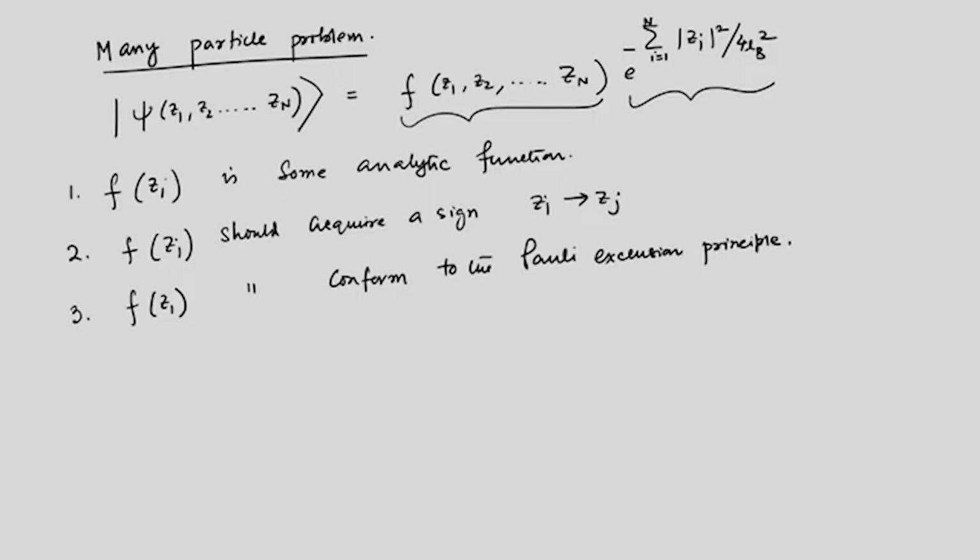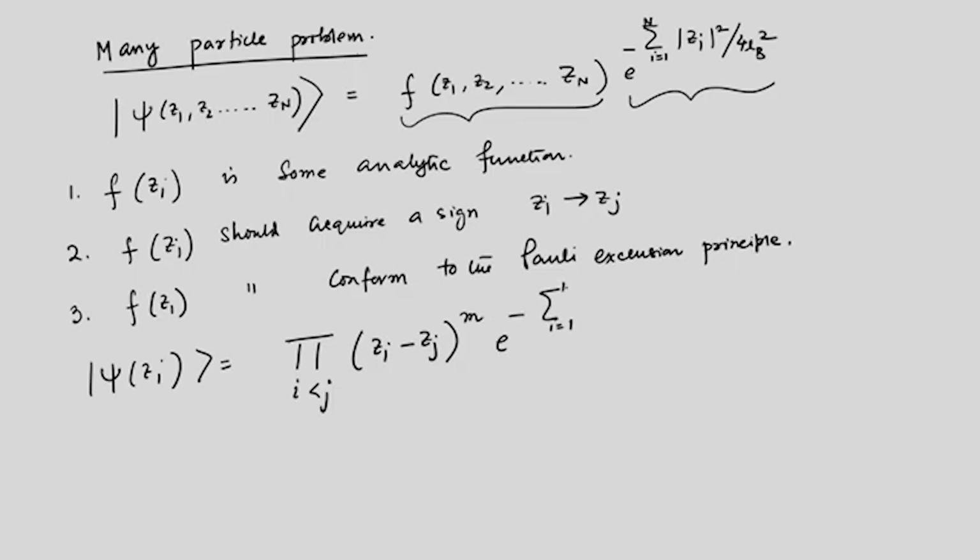Okay. And so one can write down psi of zi using a factor called the Jastrow factor, as the product over i<j of zi minus zj whole to the power m, times the exponential of minus the sum over i equal to 1 to n of zi mod square by 4 lB square.